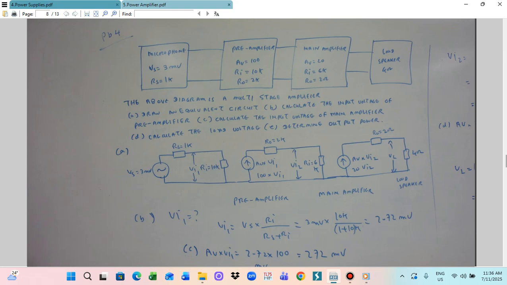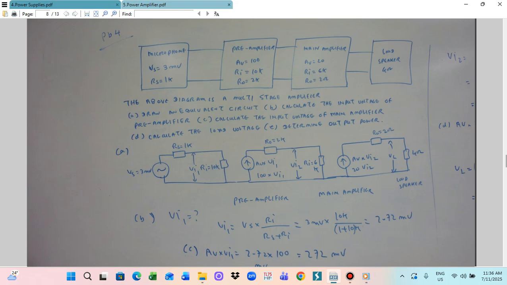Okay, the first step is to draw the equivalent circuit. The microphone is a voltage source with a series resistance. So this is voltage source VS, 3 millivolt, and this is the resistance RS, 1 kilo ohm. Then the pre-amplifier stage: the input resistance RI is 10K.